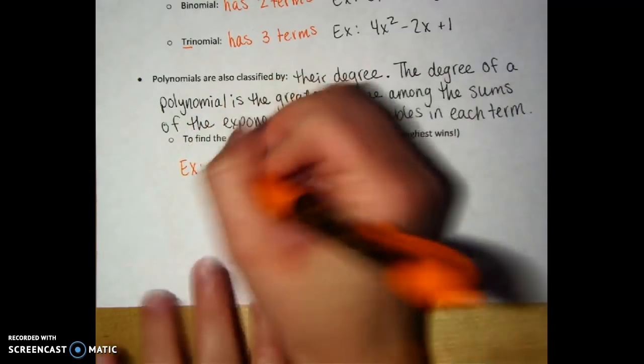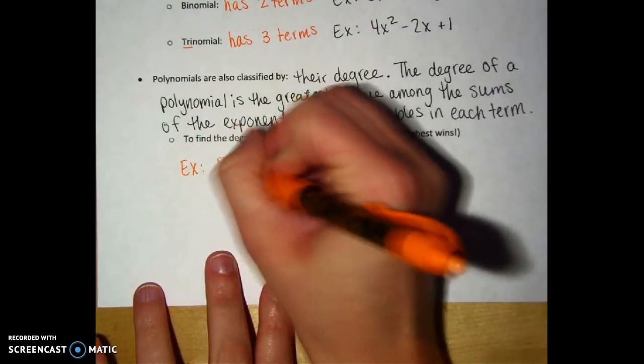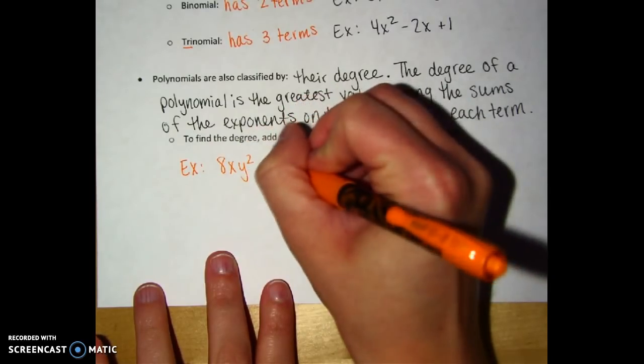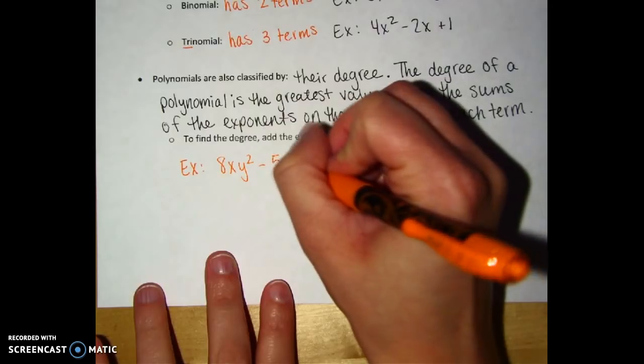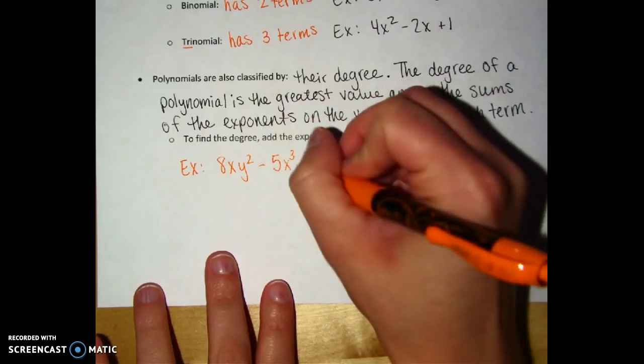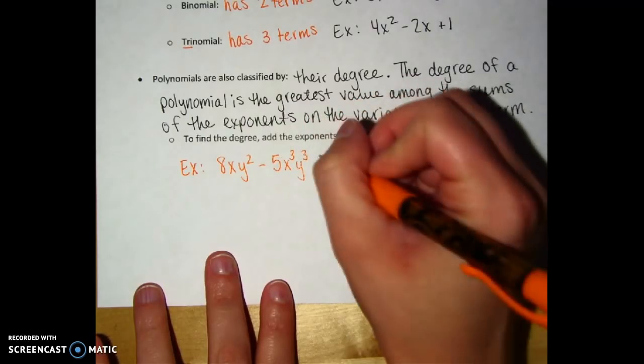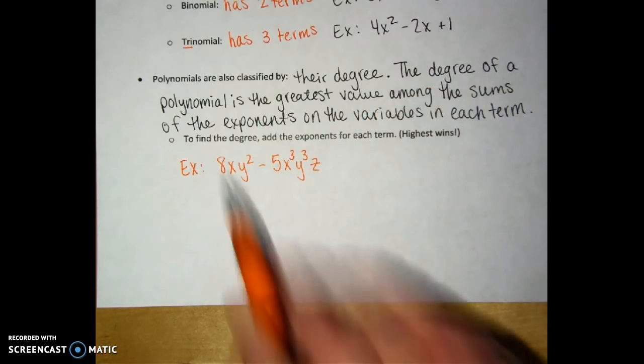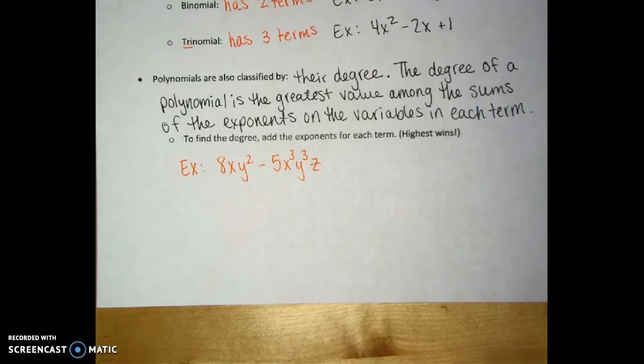We're going to do 8xy squared minus 5x cubed y cubed z. Says to find the degree, add the exponents for each term.